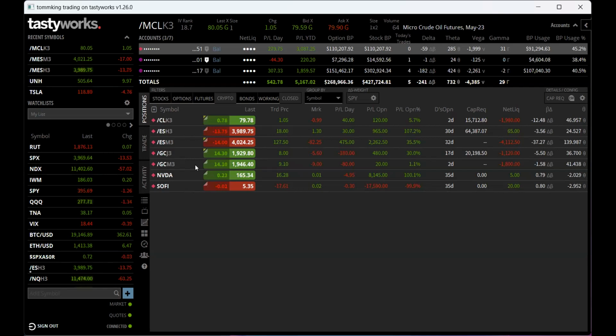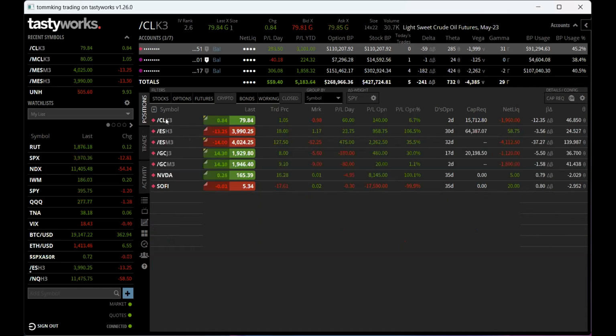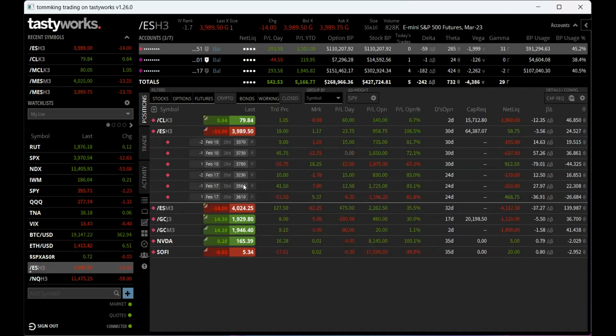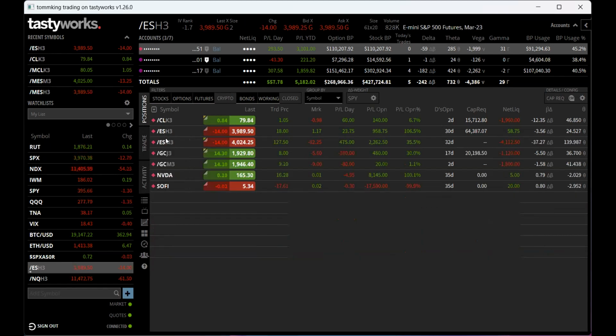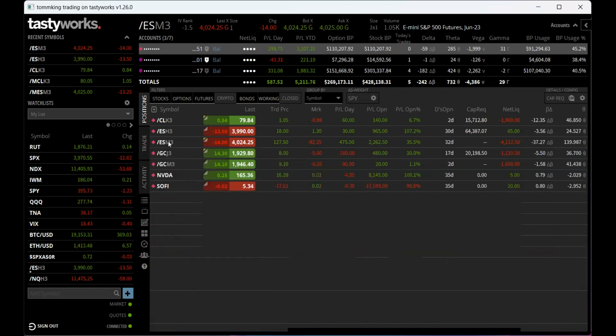That's an old trade, but this is the IRA that we're doing here. So in this IRA, we've got an oil strangle. We've got 2 112s in ES, plus a couple more here and a couple strangles going on ES.